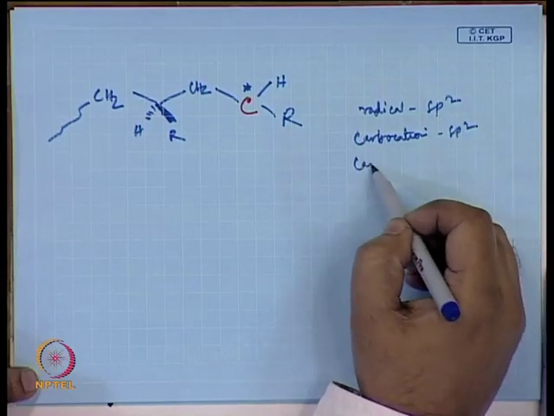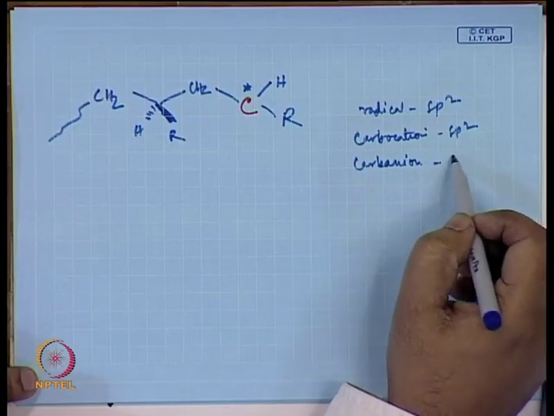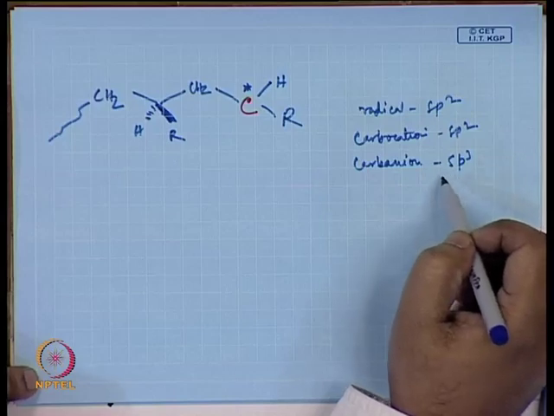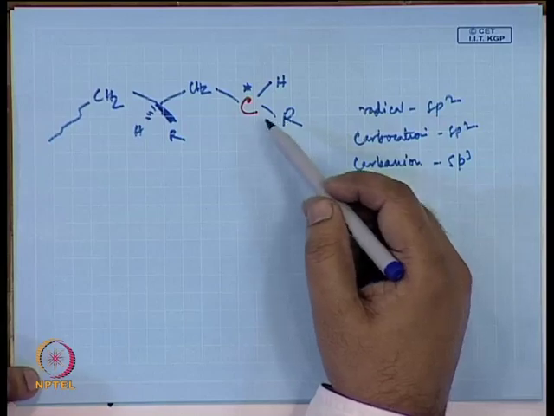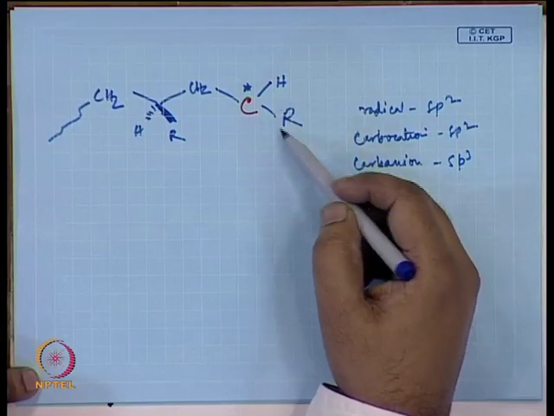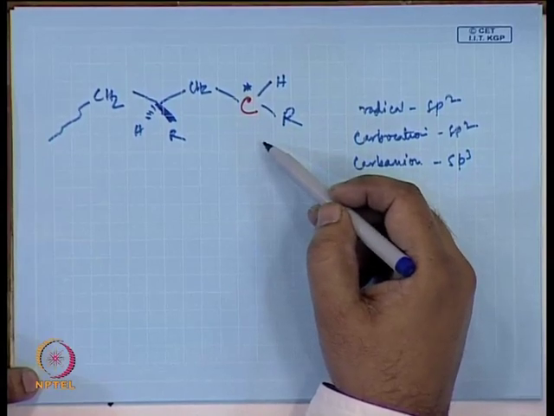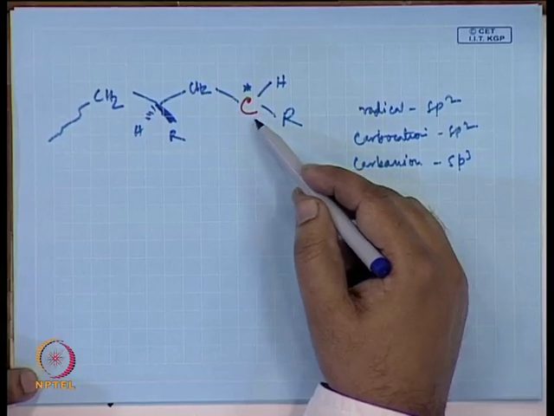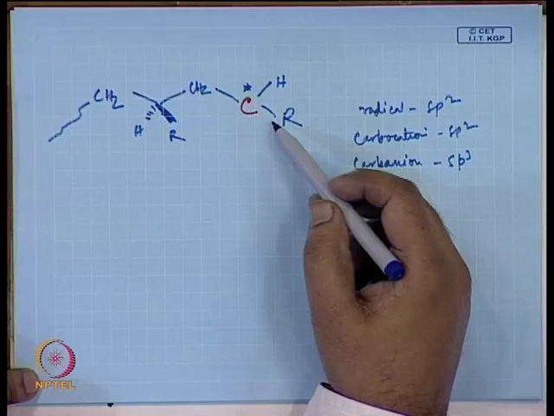And if it is a carbanion, then ideally it should be sp3, but because you have a substituent group R, now, we know that the monomers which undergo anionic polymerization get stabilized by resonance with this substituent.